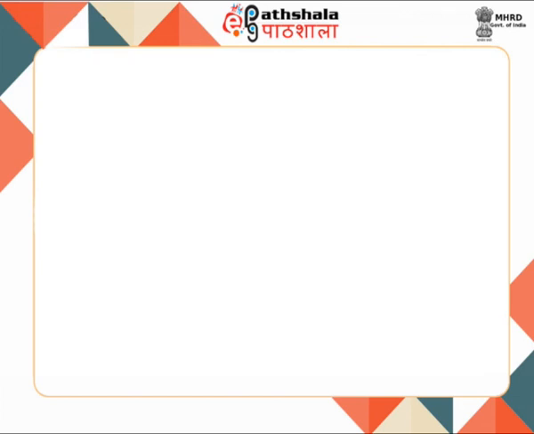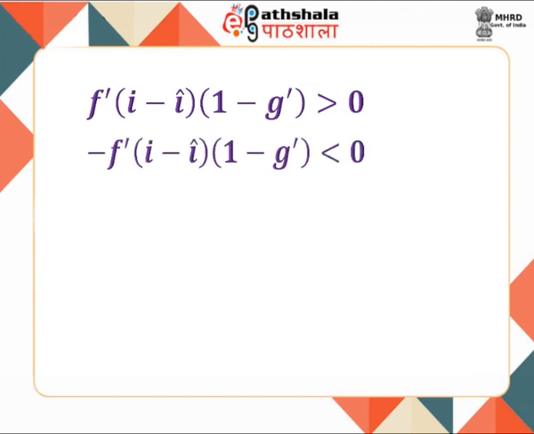As already proved, f dash (I minus I cap) multiplied by (1 minus G dash) is greater than 0. Hence, minus f dash (I minus I cap) multiplied by (1 minus G dash) is less than 0. Therefore, delta U upon delta I is less than 0.